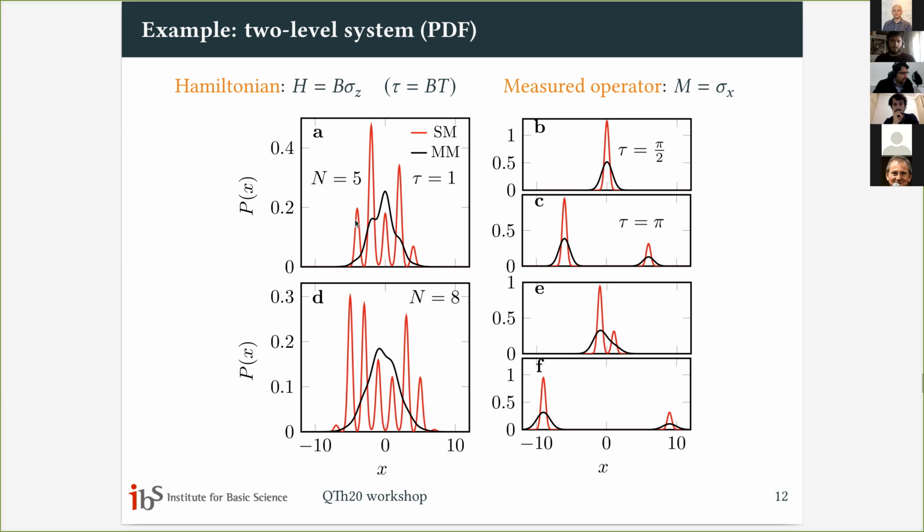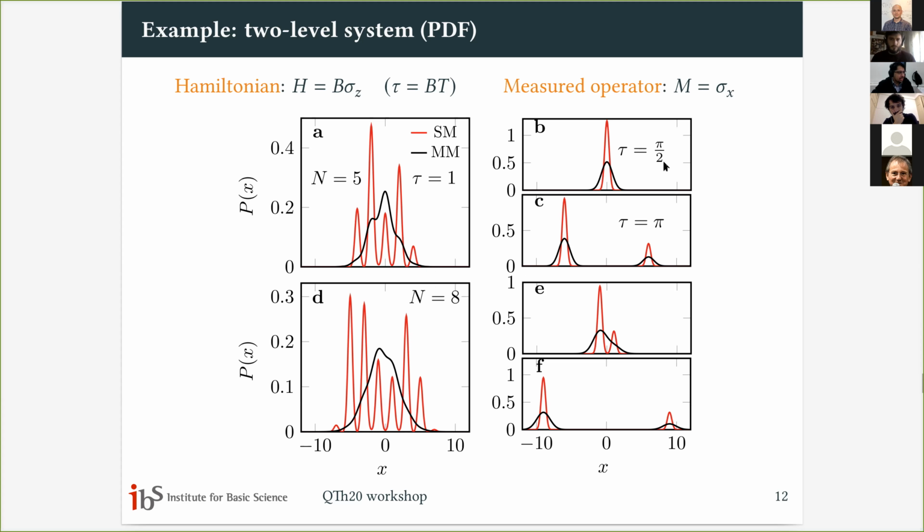And what you find is, even at a very small number of measurements, like 5, the repeated measurement completely loses all information. Okay? It spreads out and it becomes like a Gaussian distribution. Whereas the repeated contacts still shows this nice discrete peak structure.